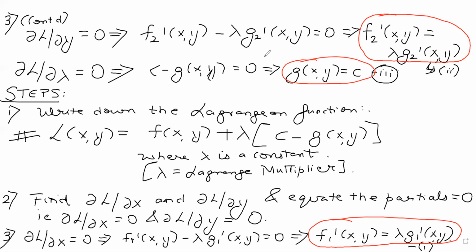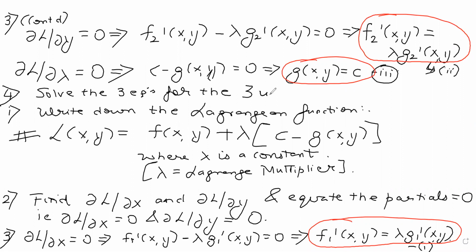We need to solve these three equations. Very simple. Step number 4 is to solve the three equations for the three unknowns. What are the unknowns, guys? The unknowns are X, Y, and lambda.